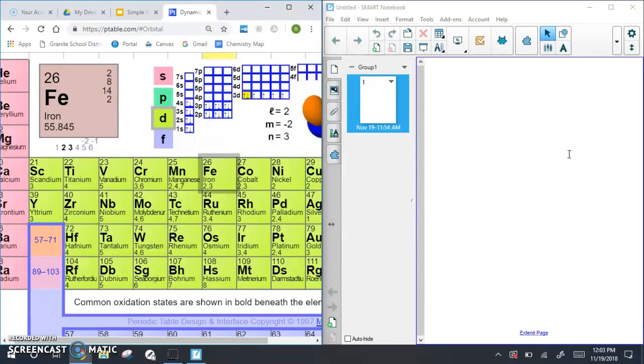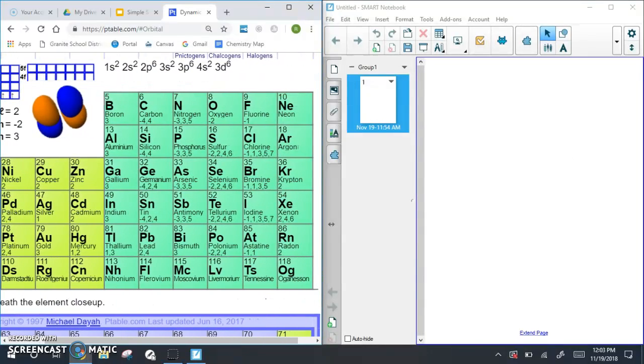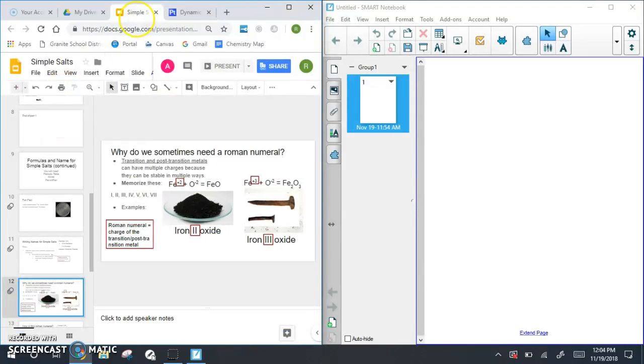So although some of these have only one type of charge, a lot of these can have multiple charges. And we see that same with post-transition metals. Non-metals are kind of their own thing. I'll talk about that later. Thallium has +1, +3. Lead has +2, +4, and so on and so forth.